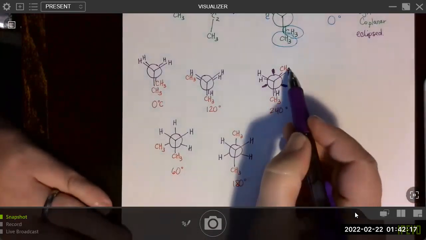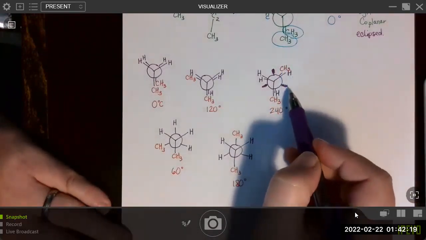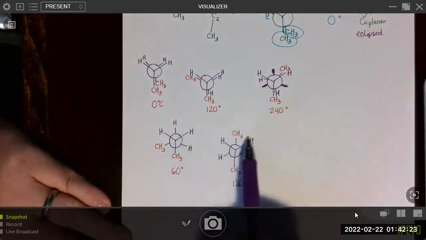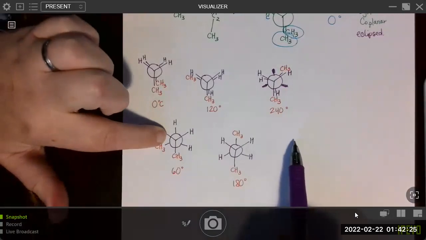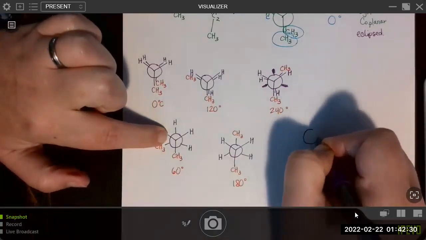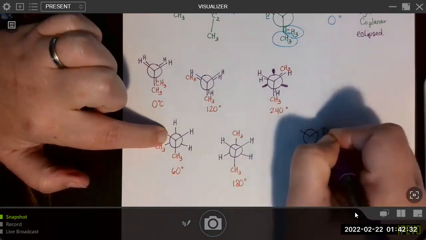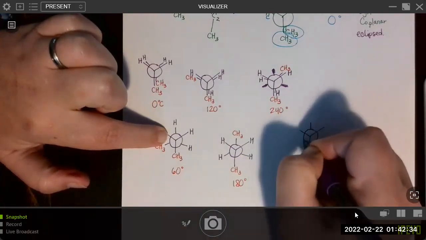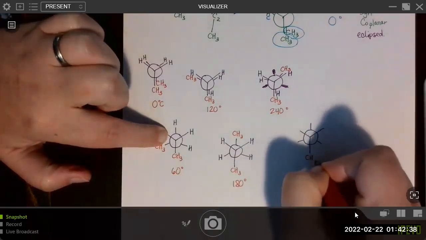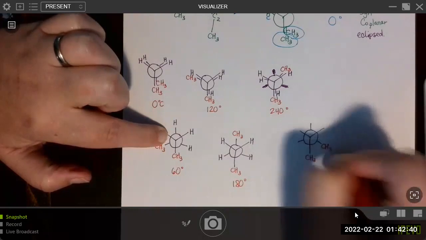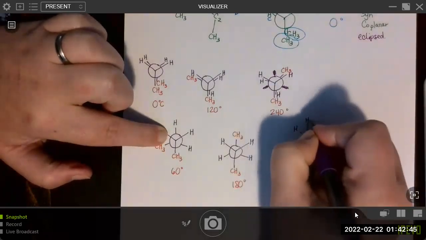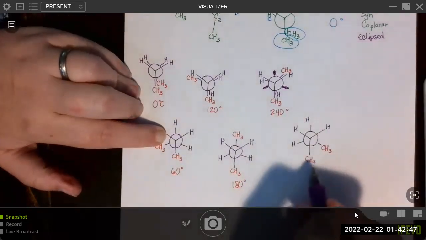So if we do another 60-degree rotation, they'll end up gauche again. Right? So we should try to hit the same energy level as we did for the first gauche conformation. So the methyls are here and here, and all the rest hydrogen. And again, they are gauche.